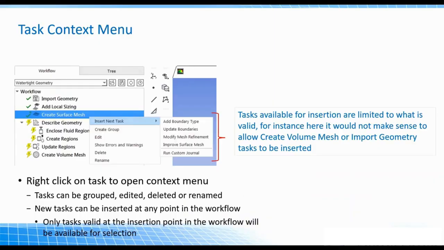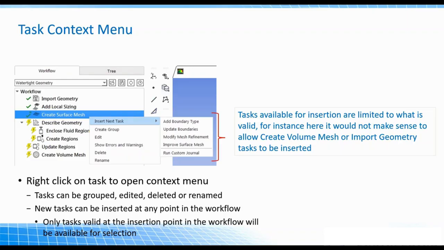As you go through the workflow, all of these steps are customizable. You can delete the step, you can rename the step, you can go back and edit a step at any point, and you can also insert new steps, or tasks as they're called here. Whenever you right-click on a task and click Insert New Task, the steps that come up are only steps that would make sense at that point in time.